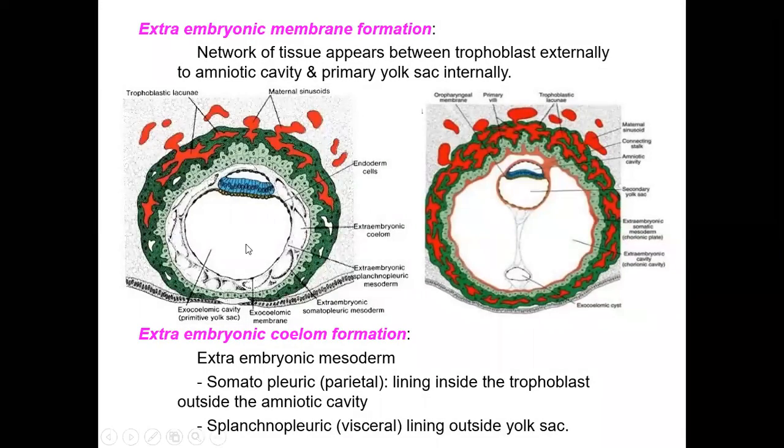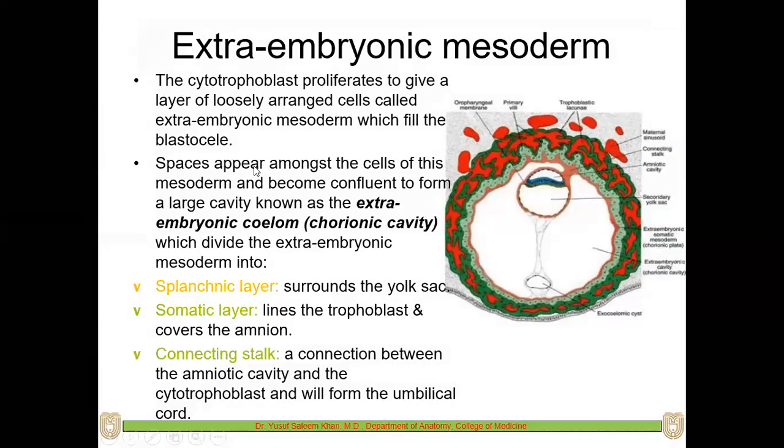There will be formation of small cavities called the extraembryonic coelom. Spaces appear among the cells of this mesoderm and become confluent to form a larger cavity called the extraembryonic coelom or the chorionic cavity.